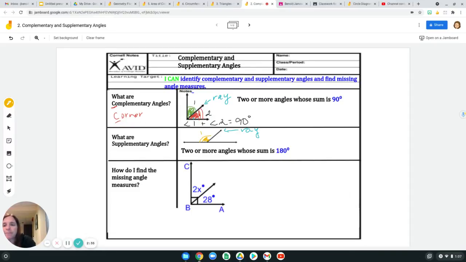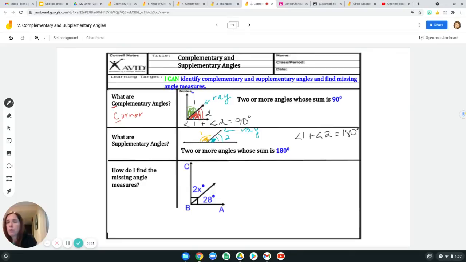That's angle 1. And then angle 2 will be our blue. We'll put two arcs for angle 2. And we use different arcs because they are not equal to each other. So we could take angle 1 and add angle 2 to it, and we'll get 180 degrees.